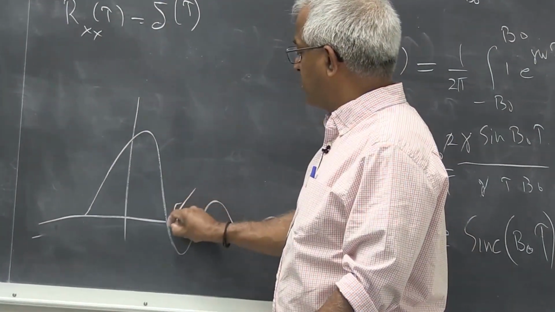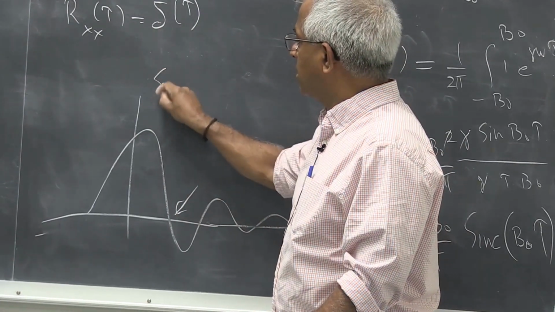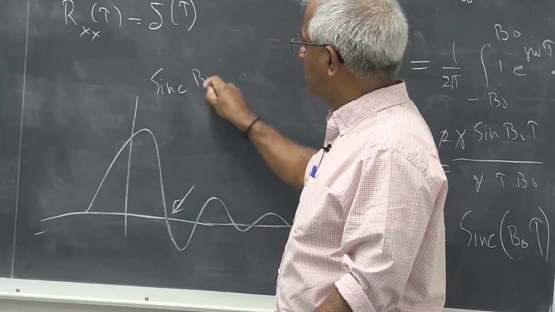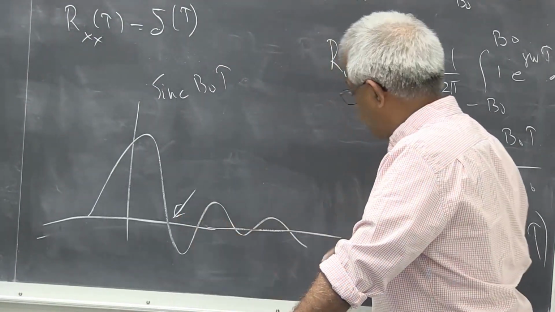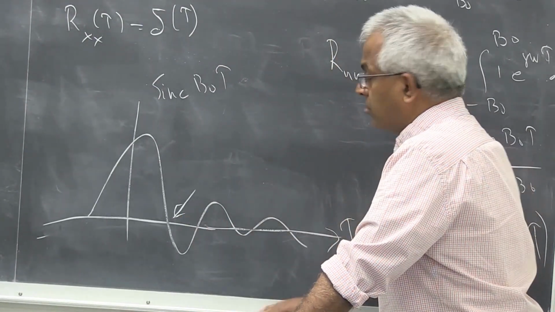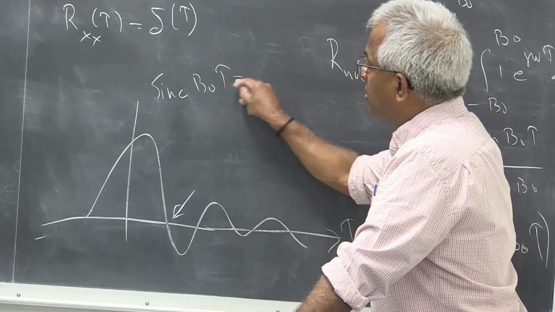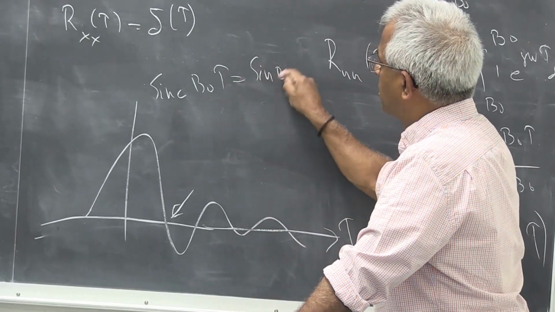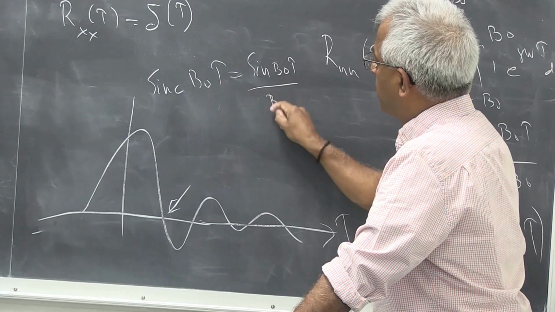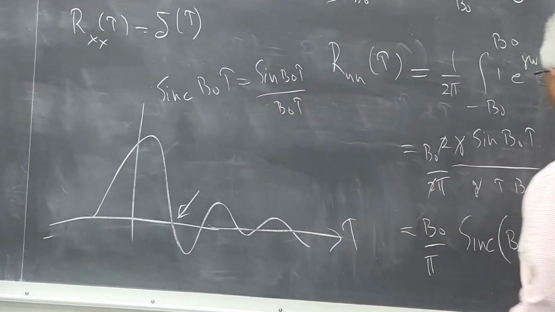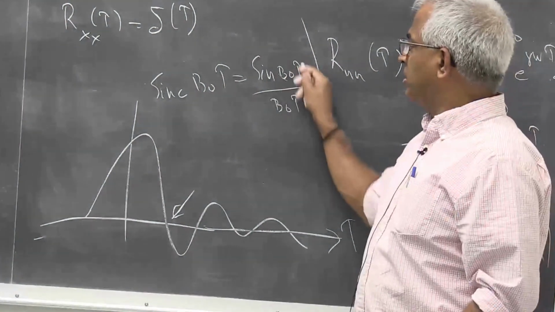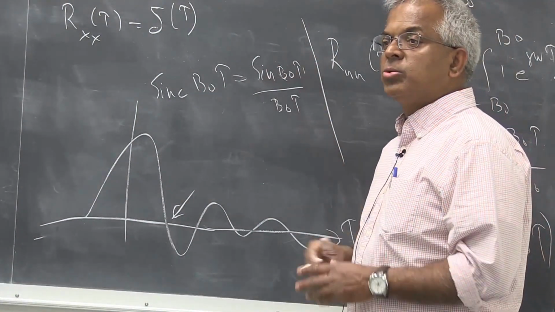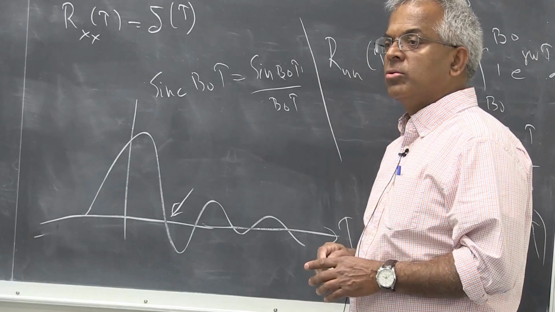So where is this first zero? Anybody? Where is this zero? Sinc b naught tau is what? Look here. This is sine b naught tau over b naught tau. Did I miss a 2 here? No, that's good. So when this quantity, sine pi by 2, is it 1 or 0?